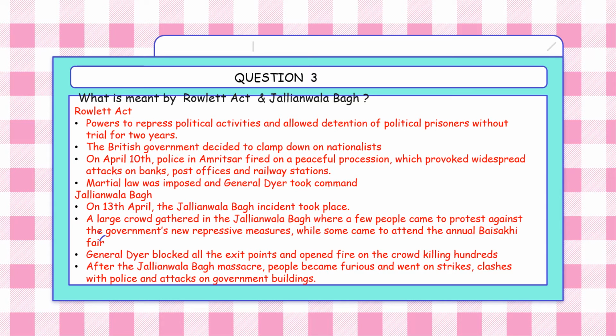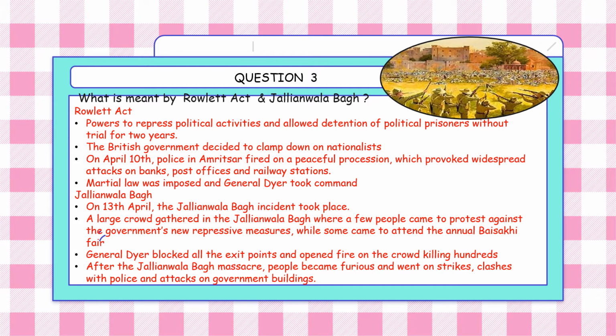Now the next one is Jallianwala Bagh incident. This incident took place on 13th April. A large crowd came to attend a meeting in Jallianwala Bagh. Few of them came to protest against the government rules, and few of them came to attend the annual Baisakhi. General Dyer blocked the entrance and opened fire, killing thousands of people.